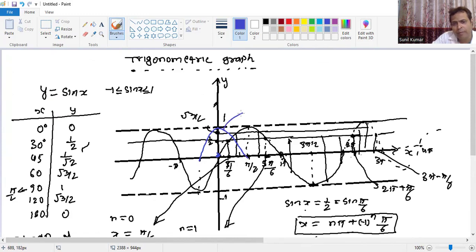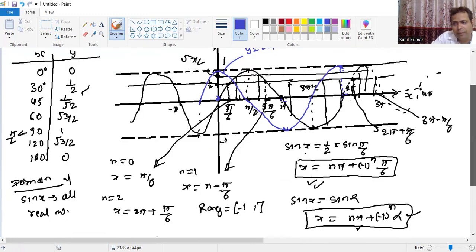This is the blue graph I'm drawing, y equal to cos x. Here we have pi, so cos pi is minus 1, so we get it here. Just shifting by 90. Sin 2 pi is 0, cos 2 pi is the maximum, 1. Cos 0 is 1, cos 2 pi is also 1. We can repeat the same here.